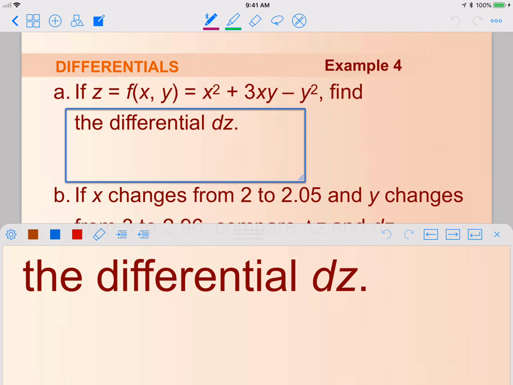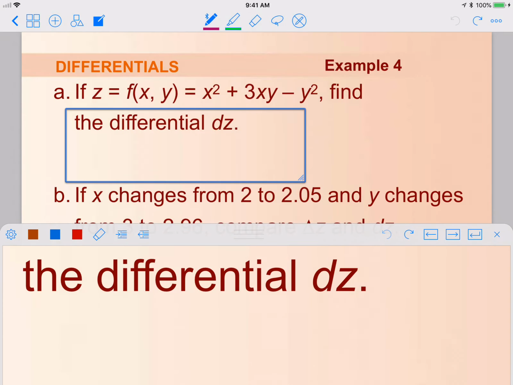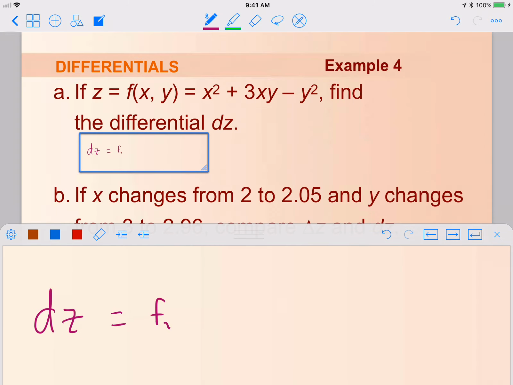Now we have the formula. The formula is going to be dz equals fx of xy times dx plus fy of xy times dy.